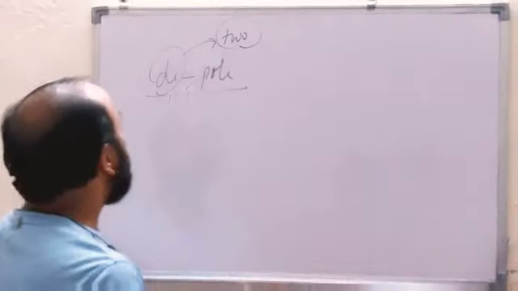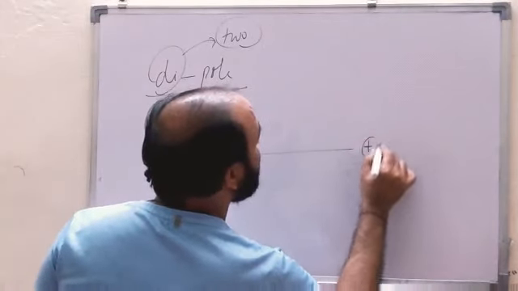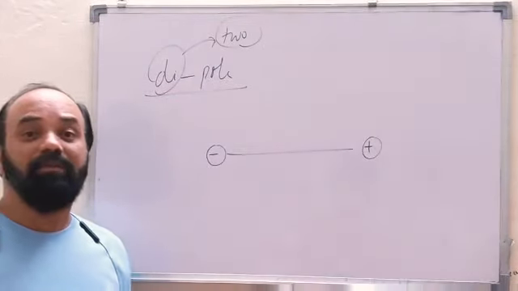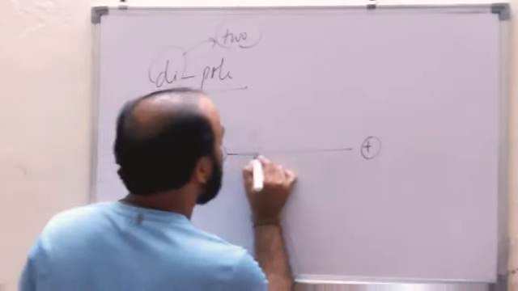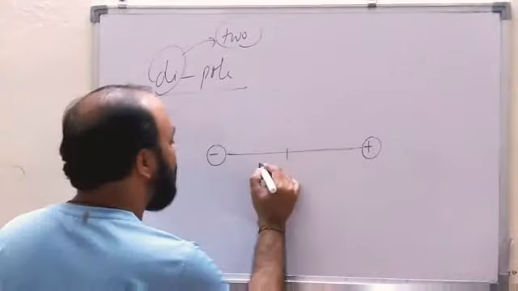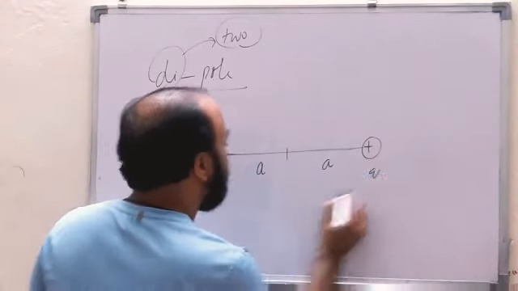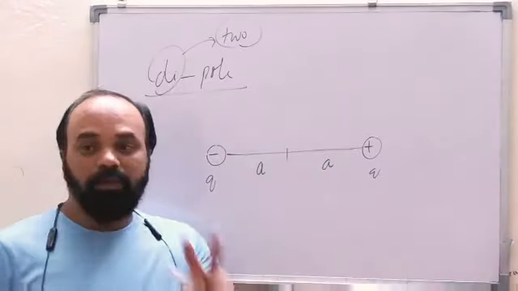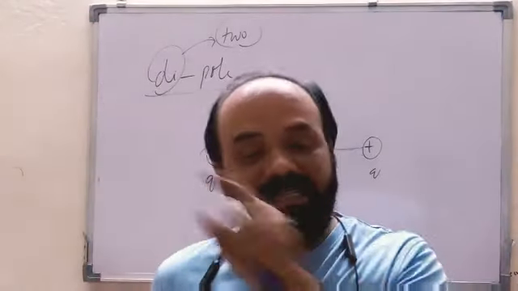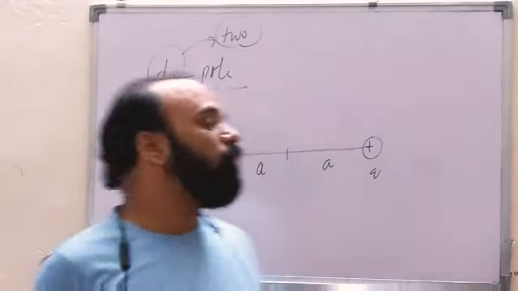Two poles means two equal and unlike charges separated by a small distance. Let us consider this is A, this is A, this is Q, this is Q, this is negative, this is positive. Two equal and unlike charges separated by a small distance is called a dipole.